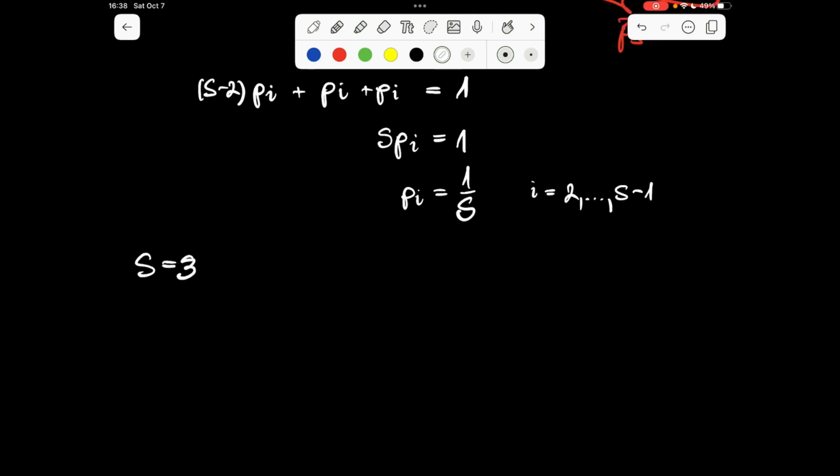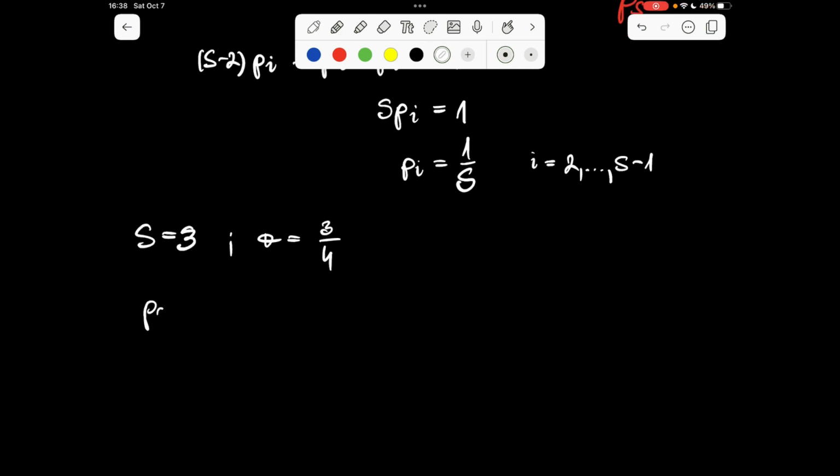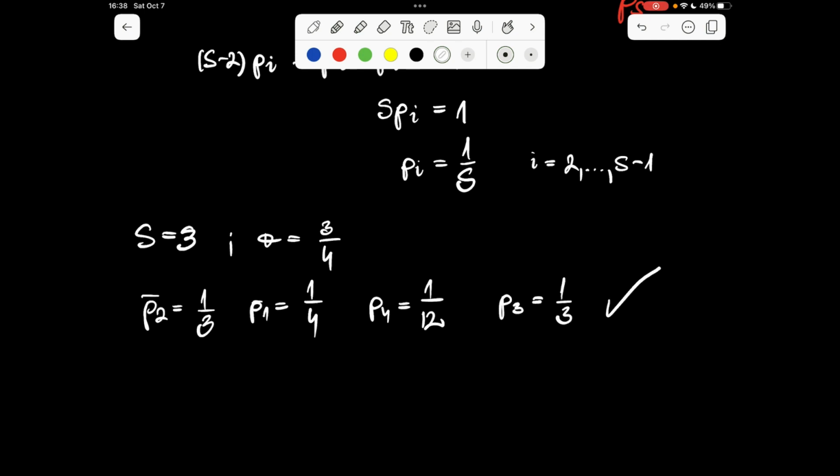Let S be 3 as previously in the concrete example, and let theta be 3 over 4. Then P2 is 1 over 3, P1 is 1 over 4, P4 is 1 over 12 and P3 is 1 over 3, which is the same result as we had previously. So our general solution works.